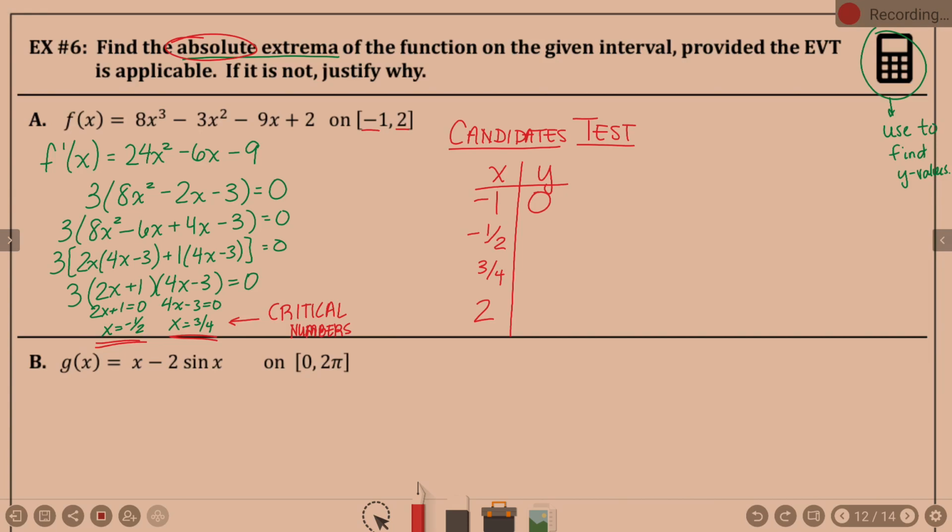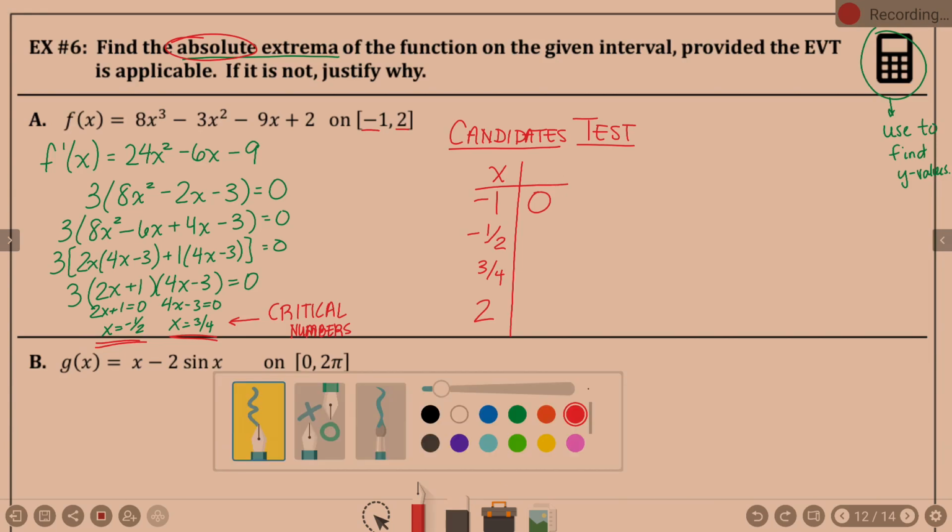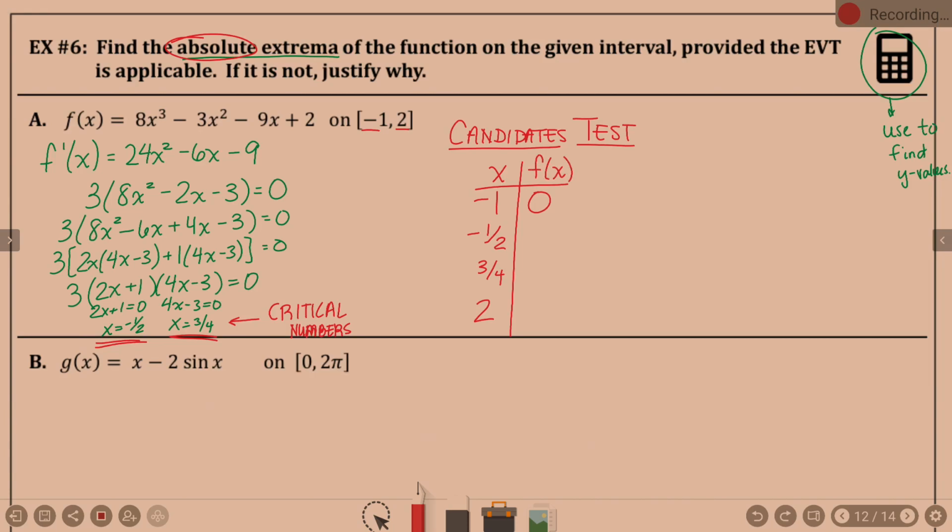I don't know which way you guys were doing that, but I was wondering why you were getting 0. The candidates test is going, and maybe instead of saying y up here, I should say f of x. It is going into the original because we want to know on the original graph what's mins and what's maxes. Is that better? Yeah. Sorry.